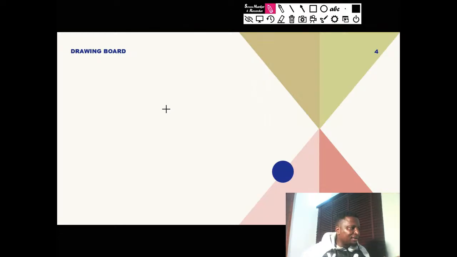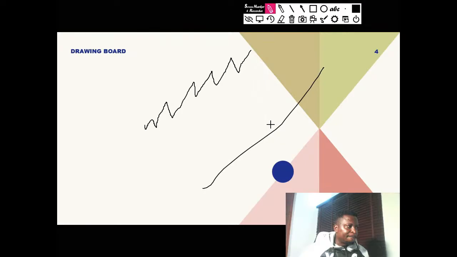If you observe the last class when you saw the chart, we'll still go to the chart. So you see the market moves like this. Market doesn't move in a straight line. Market will definitely go in a wavy pattern.